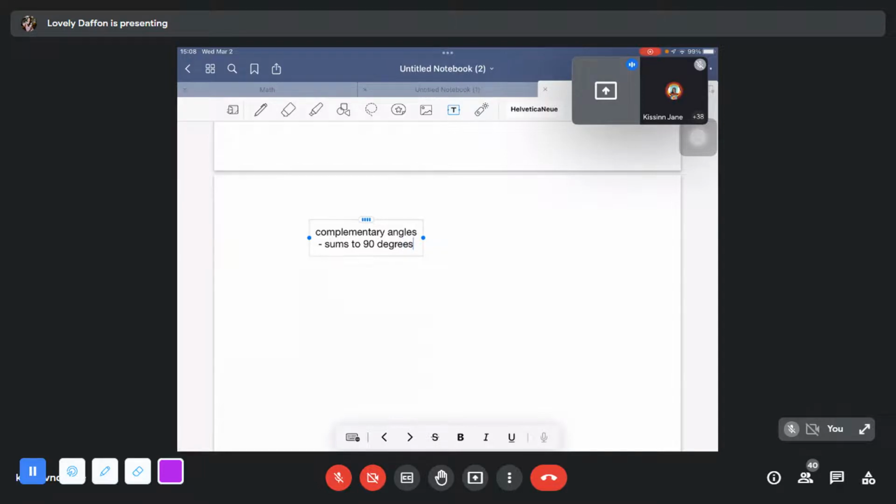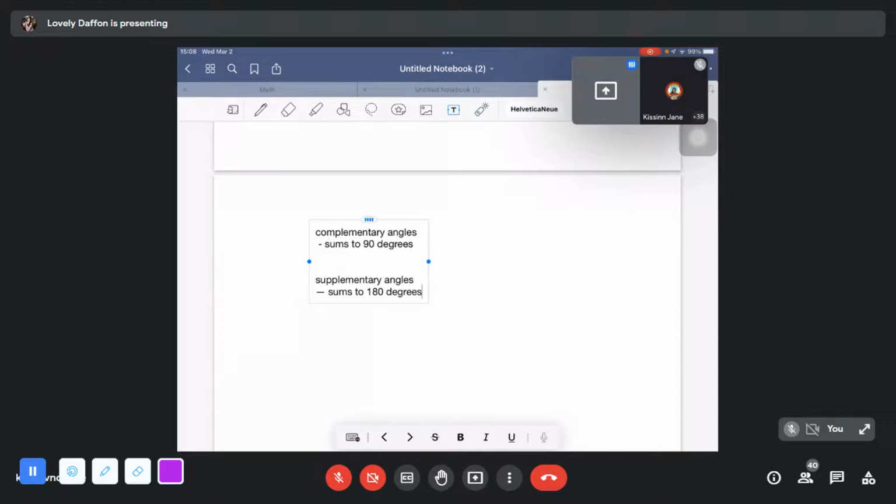So there are angles that when you total them, they are all 90. Whereas supplementary angles are treated differently. Supplementary angles are angles that sum to 180 degrees. In short, it forms a straight line.